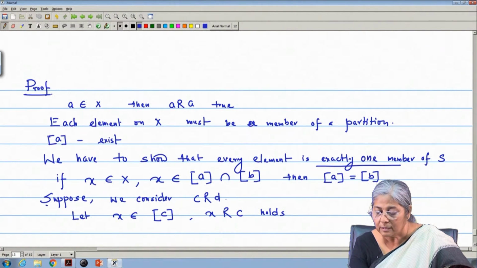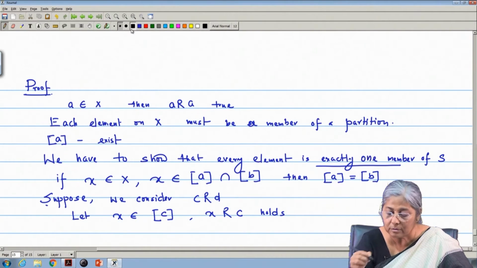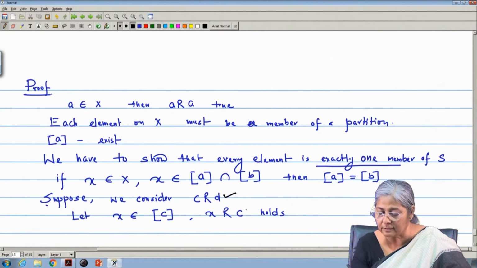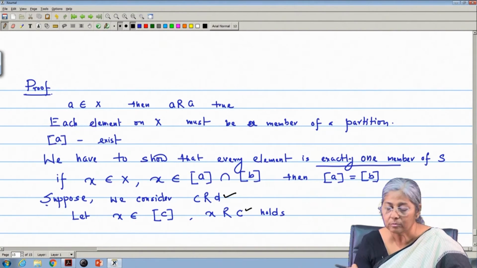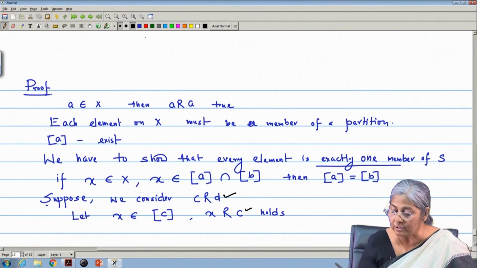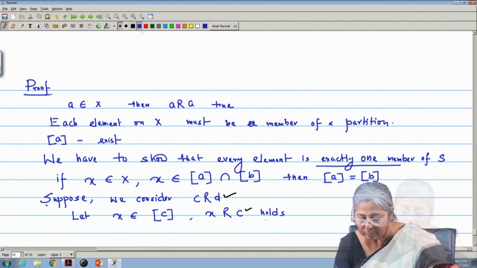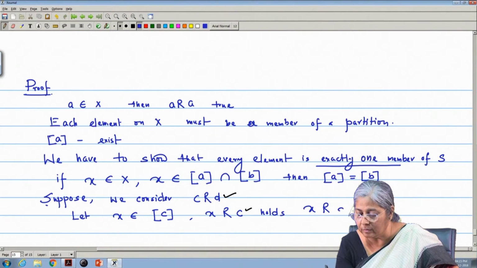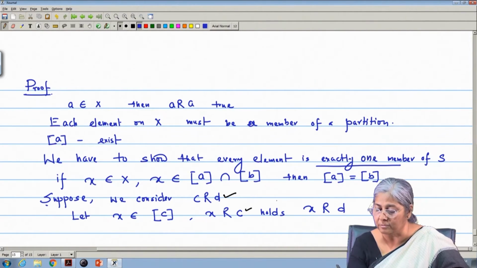Now, since c R d also holds and x R c, and since it is an equivalence relation, x R d holds, since it is transitive.